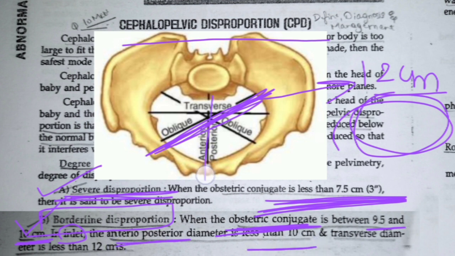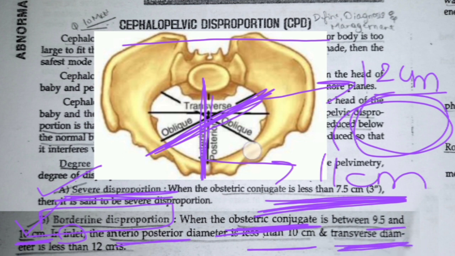The inlet transverse diameter is generally 13 centimeters, but here it is less than 12 centimeters. Almost 1 or 2 centimeters less in borderline disproportion. These are the 2 degrees seen in cephalopelvic disproportion.